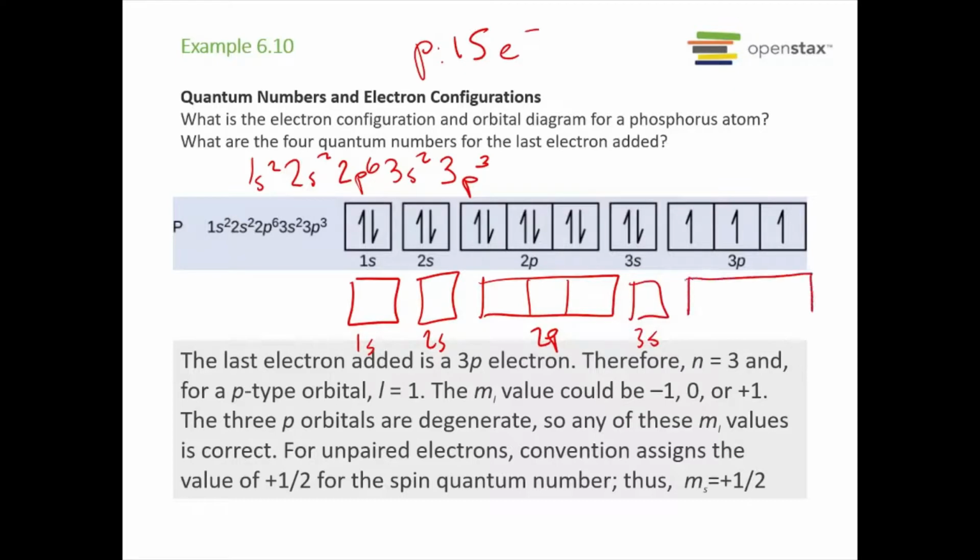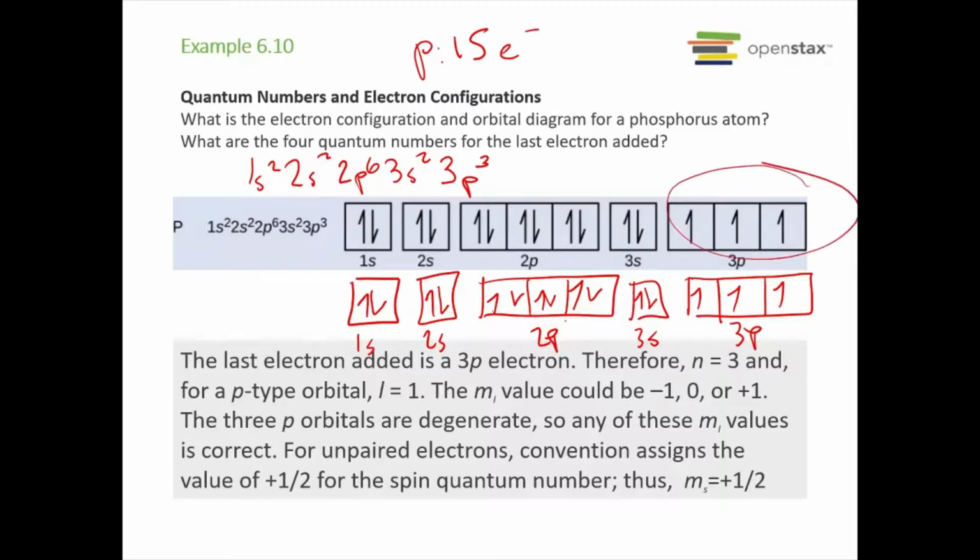I have 15 electrons, so 1s fills up first: 2, 4, 5, 6, 7, 8, 9, 10, 11, 12, 13, 14, 15. Then they see how it's done, and you can go ahead and write your configuration.